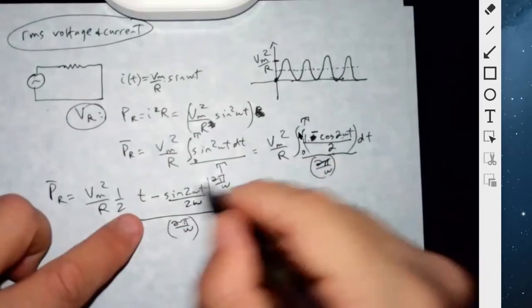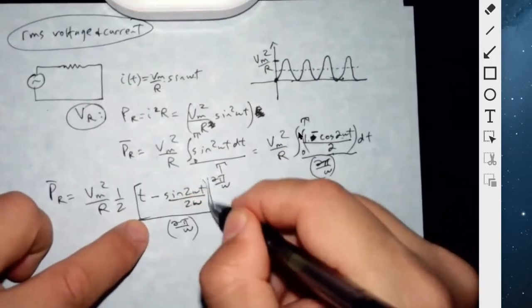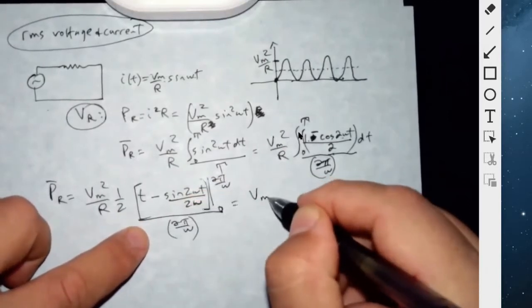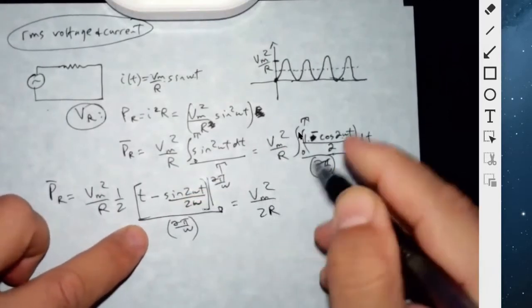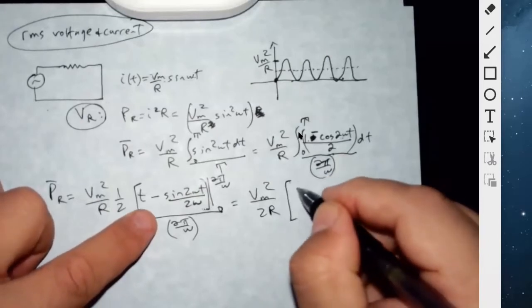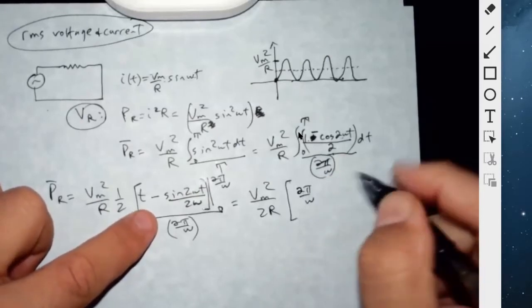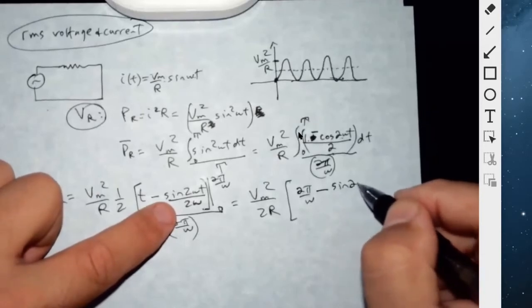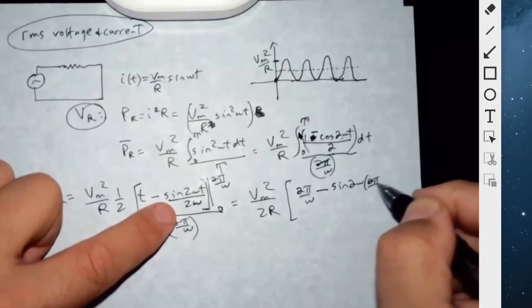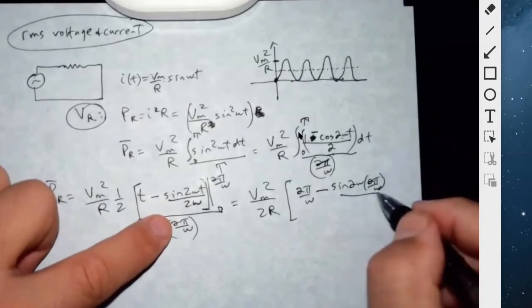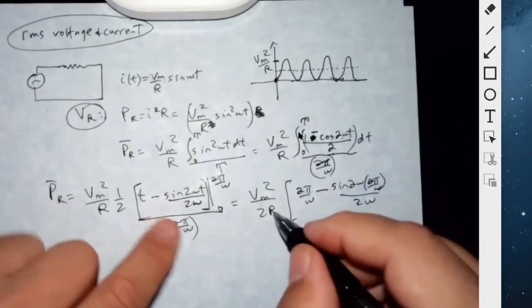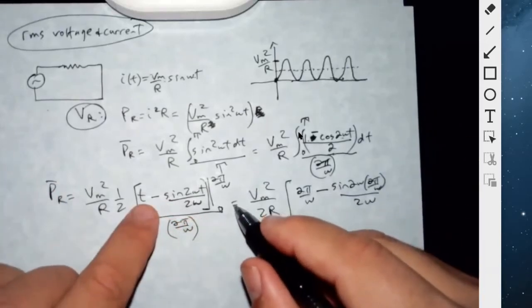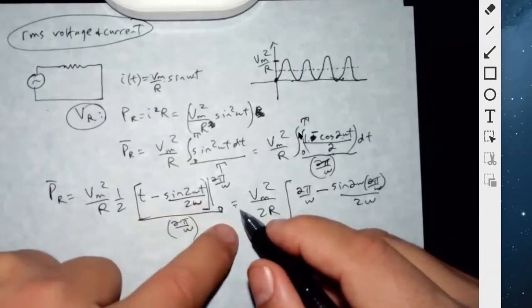Okay, then you can put that in here. Vm squared over 2R, times 2 pi over omega minus sine of 2 omega times 2 pi over omega, over 2 omega. Then when you put in 0, that just becomes 0, and the sine of 0 becomes 0.